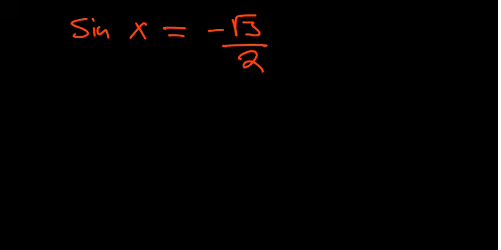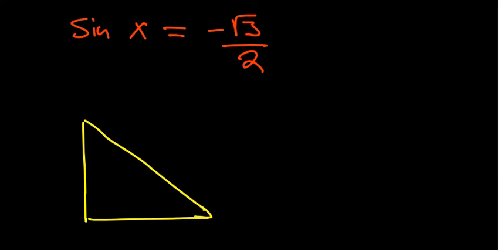What if I brought to your attention, let's say, sine of x is equal to negative root of 3 over 2. So this triangle, if you know special triangles, you'd have to think of the 60/30, right? This is where the 1/2 comes from.